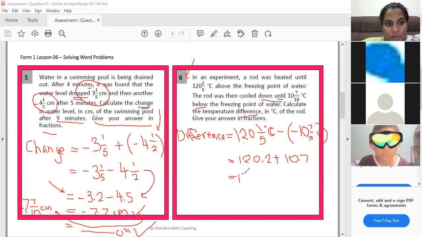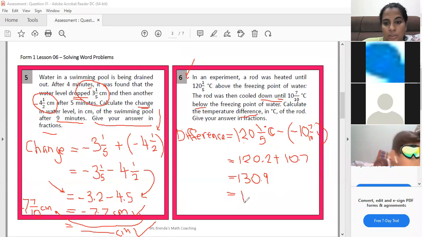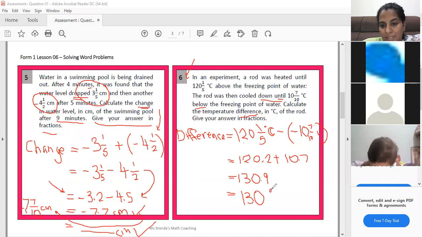Okay, very good. Never mind, Rishabh, if you didn't change to decimal, it's fine. 130.9, correct? And then now you change it back to fractions. So it will be 139/10. I hope you remember this is all standard 6 work. Degree Celsius. That's it.